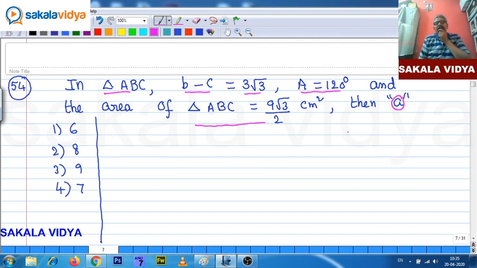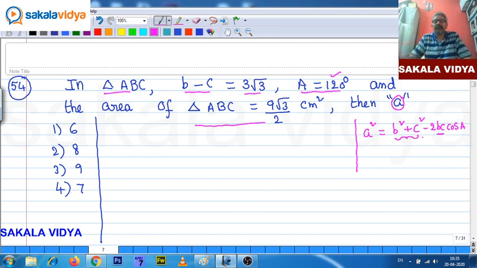Let us write in rough part. a square is equal to b square plus c square minus 2bc cos A. This formula we have. But here we have A. A is 120. But what about b square plus c square and bc? We need these two values. If we are able to find out b square plus c square and bc, easily this problem can be cracked.